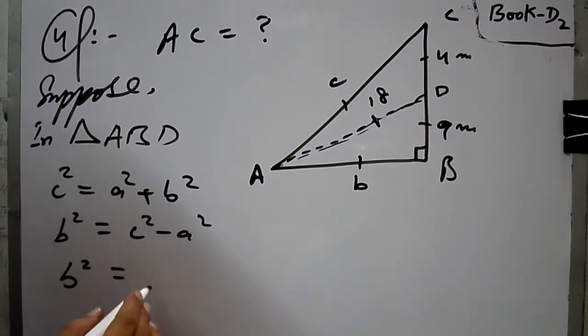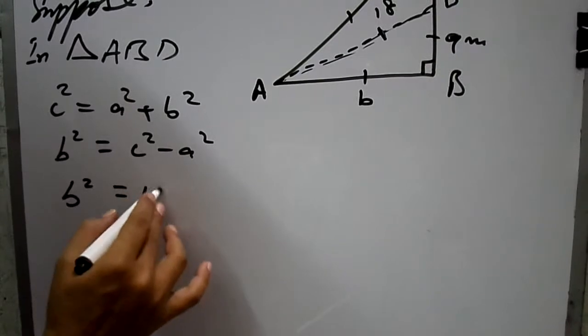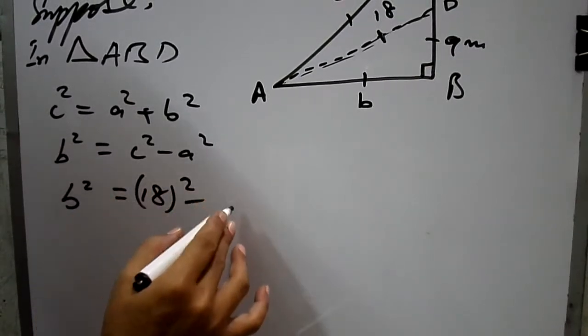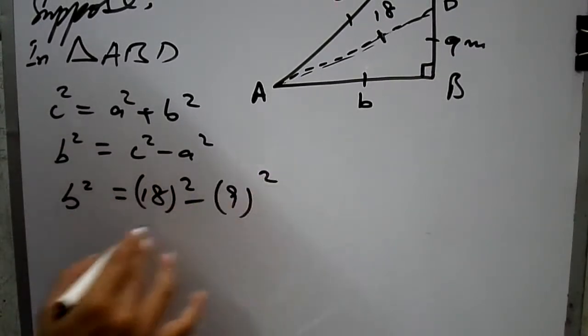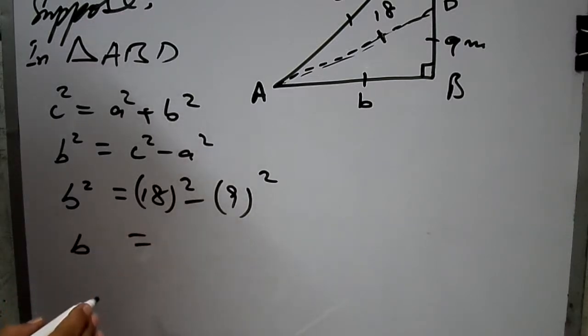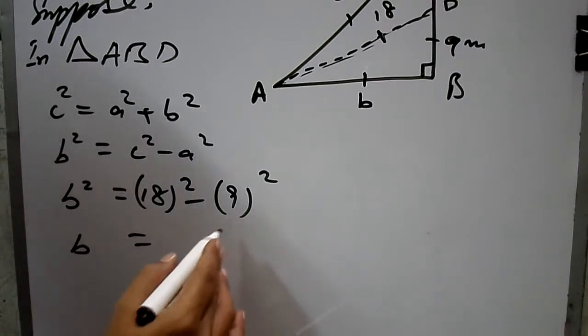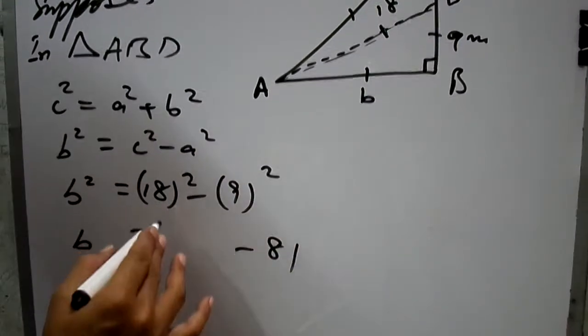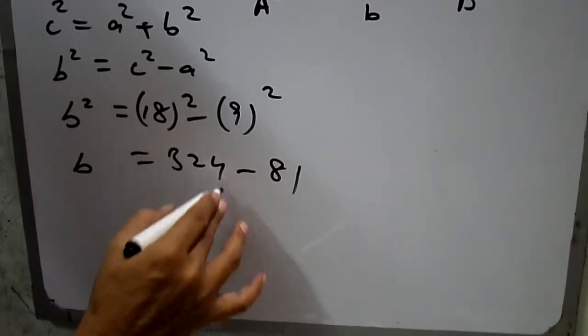So putting the values, what is the value of C? That is 18. The value of A is 9. After simplification, 9 nines are 81, and 18 into 18 is 324.